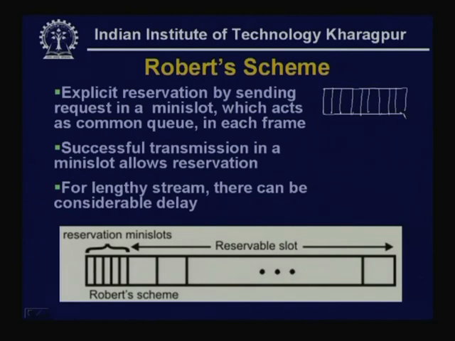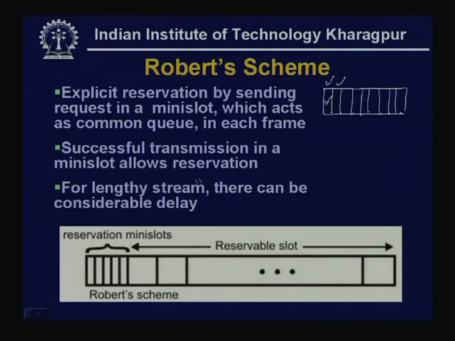Now, in these mini slots the stations can send data and reserve the transmission. Suppose the number of mini slots is equal to the number of senders. So, if it sends here, then this is blocked, if it sends here, then this is blocked. In this way blocking can be done, that means successful transmission in mini slots.